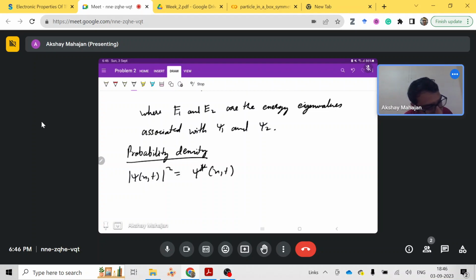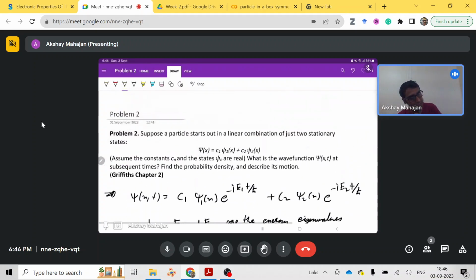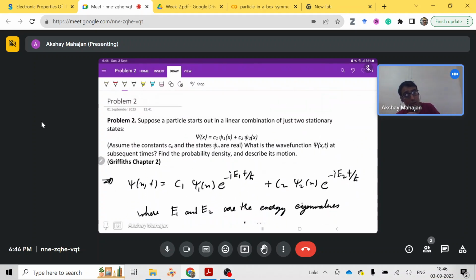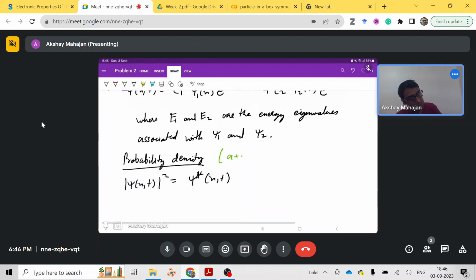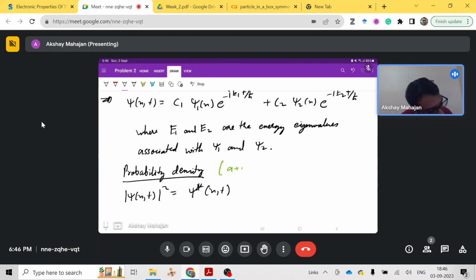Basically, if you have a plus iota b, this wave function, psi 1 and psi 2 are real, but as you can see there is e to the power iota, so that is a complex term, which makes this a complex number.